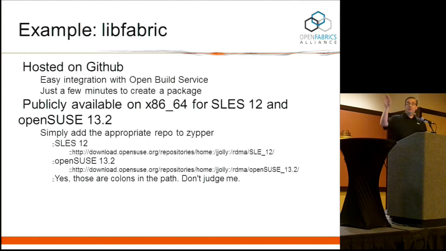The way this is working is, I've set up the package to look at the upstream Git repository. Every time there is an upstream Git repository change, it rebuilds that package. And it reports success or failure depending on what the problem is. But there is not a source package directly in the project.